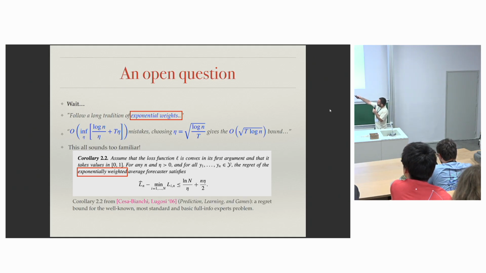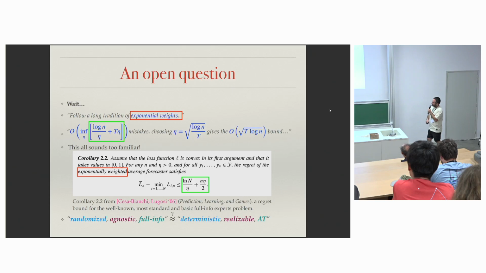And here we also have the exponentially weighted forecaster, and we get this exact same expression with any eta. And this raises a natural question of whether this randomized, non-realizable, full information, standard, well-known expert setting is in some sense related or even somehow equivalent to this deterministic, realizable, apple-tasting expert setting.